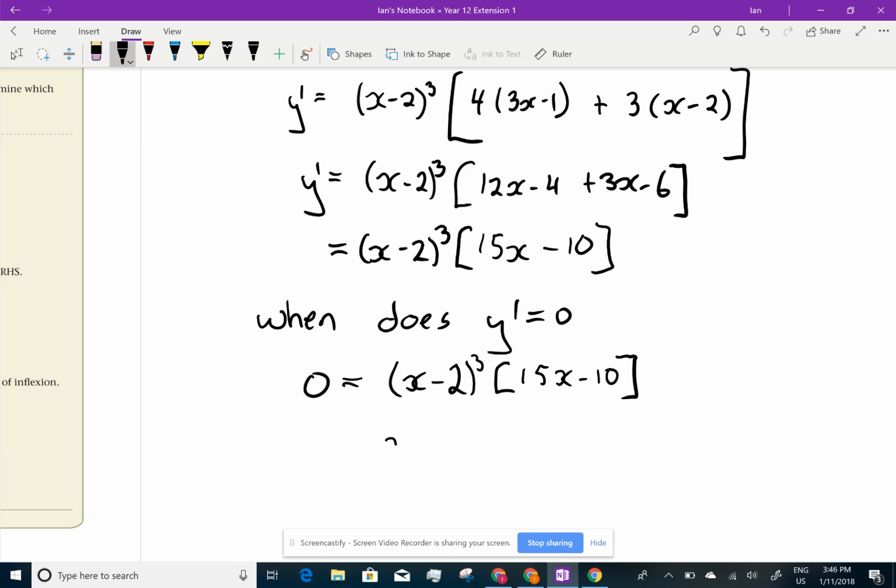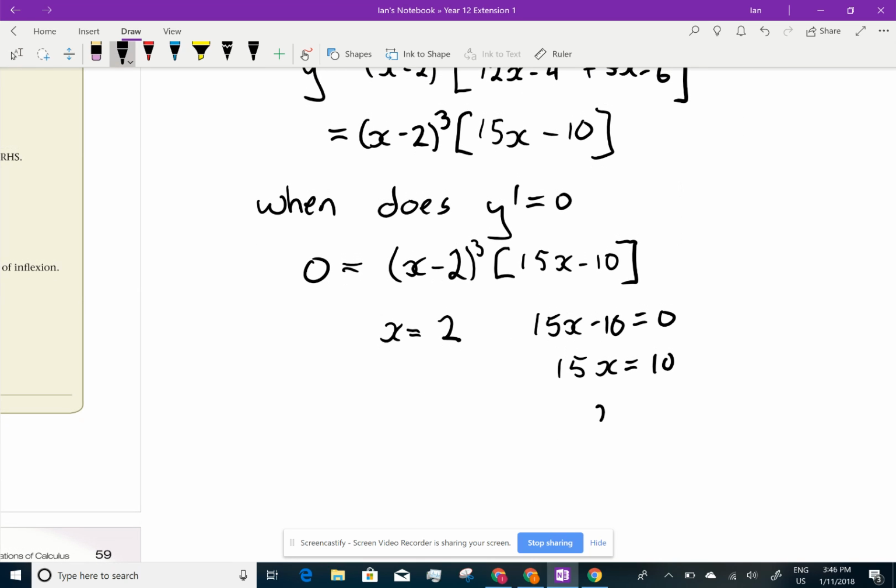So that'll equal 0 when x equals 2, and this will equal 0 when 15x minus 10 equals 0, which is 15x equals 10, which is x equals 10 on 15, or a third. That was question 23, so I'm just going to check it because I don't want to be giving you the wrong answers. They got 2 and 0, 2/3. Oh, of course, idiot. It's not 1/3, it's 2/3.